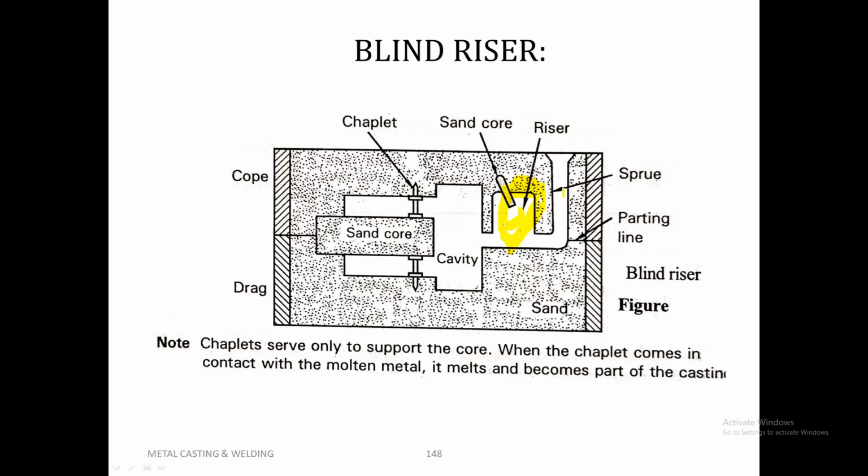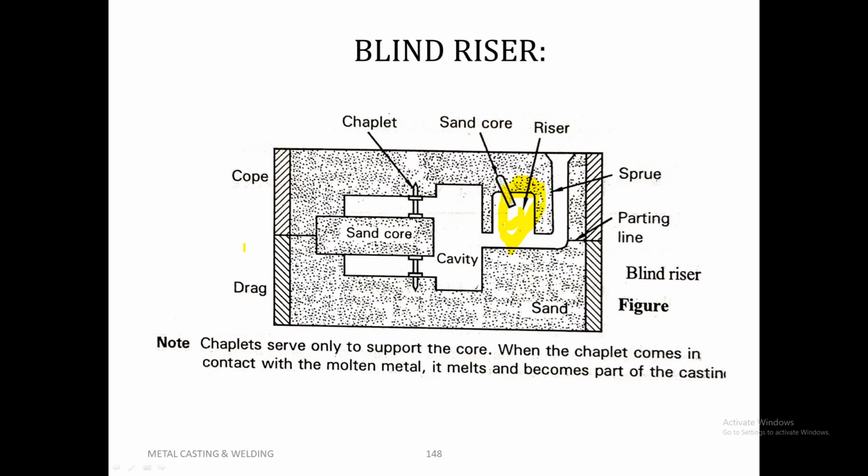This is the sprue through which the molten metal is poured. It may be located either in the cope or in the drag. Since the riser is closed from all sides, atmospheric pressure is completely shut out. The pressure due to the force of gravity is also reduced due to the formation of vacuum within this body.